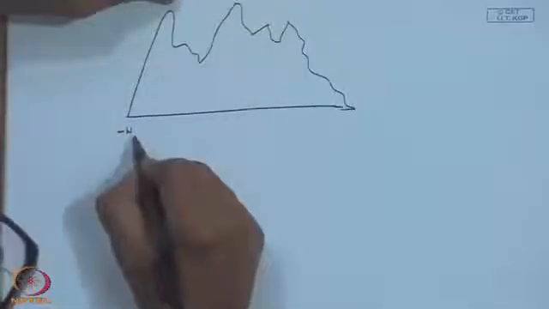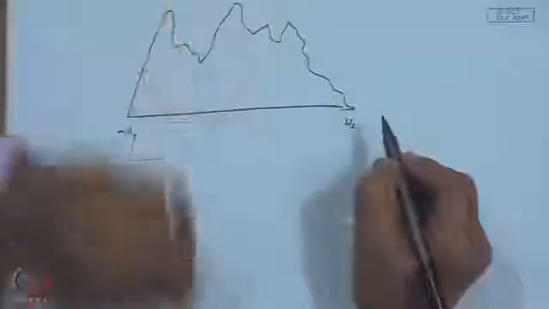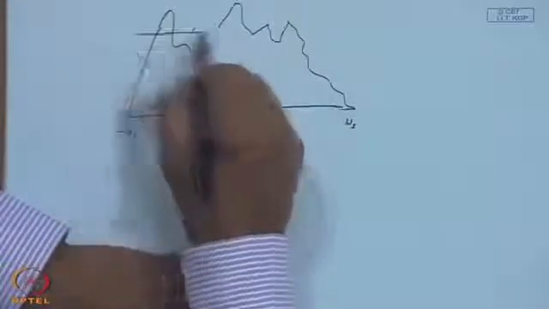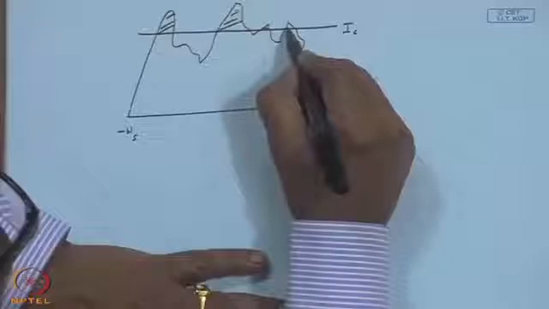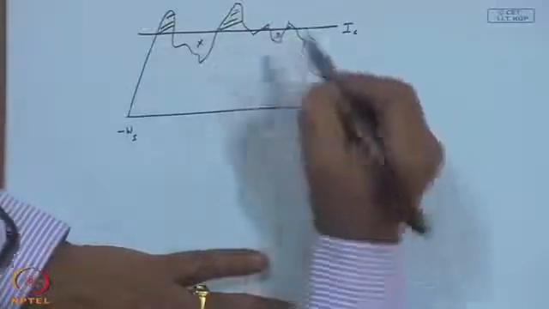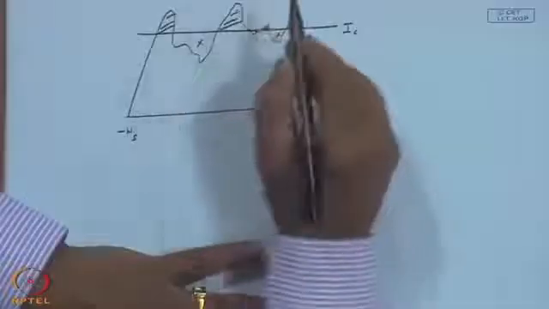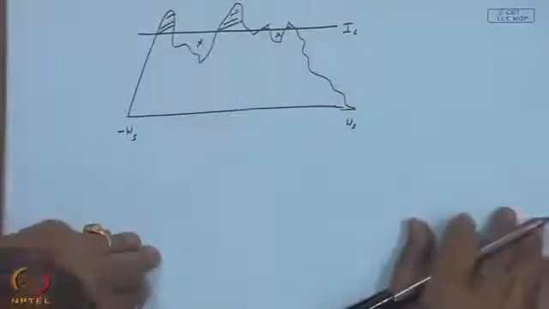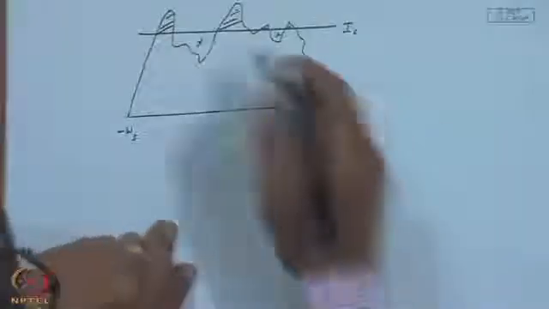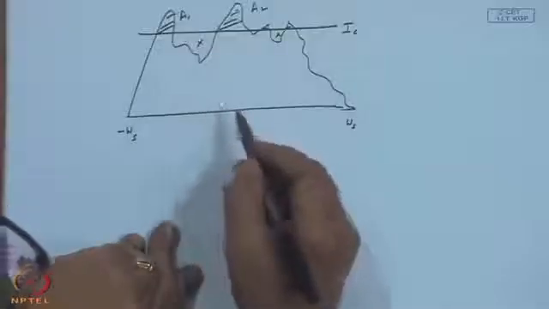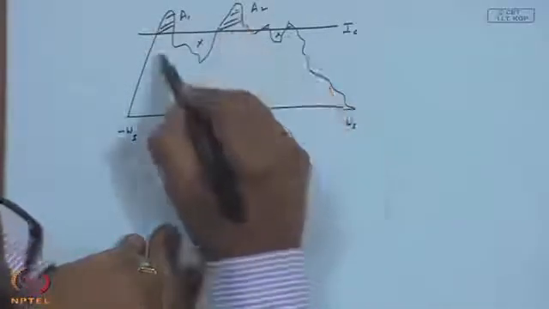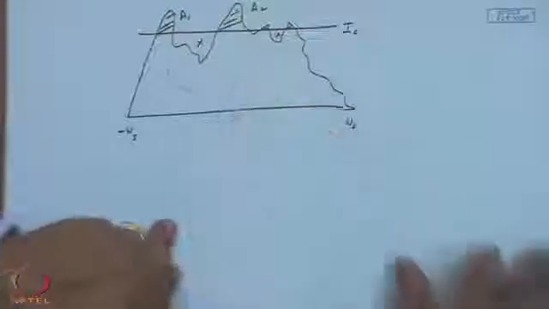you imagine a wavy cloudy day where the solar radiation may be increasing or decreasing. If this is my I c, here is a contribution, here is a contribution, here is a small contribution. This is negative, so it will not subtract from these positive things, it is treated as 0. In other words, if I give them A 1, A 2 and the total area, only A 1 plus A 2 counts, and the area below the critical level we have to take out of the solar radiation.